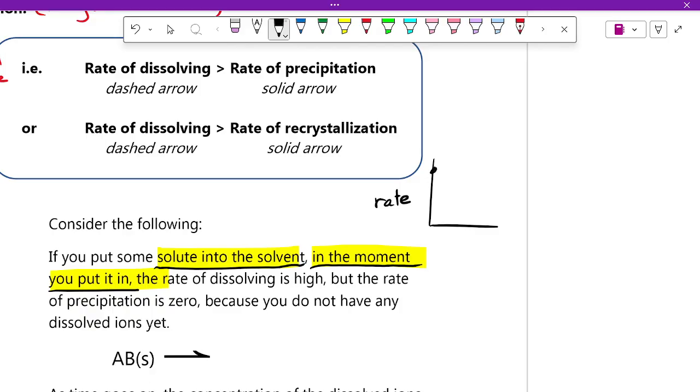High. What is the rate of recrystallization like? 0, because we don't have any dissolved yet, right? Not at that moment, at time equals 0.